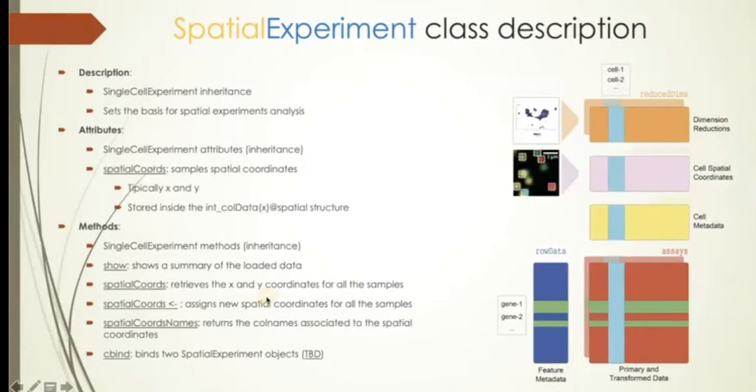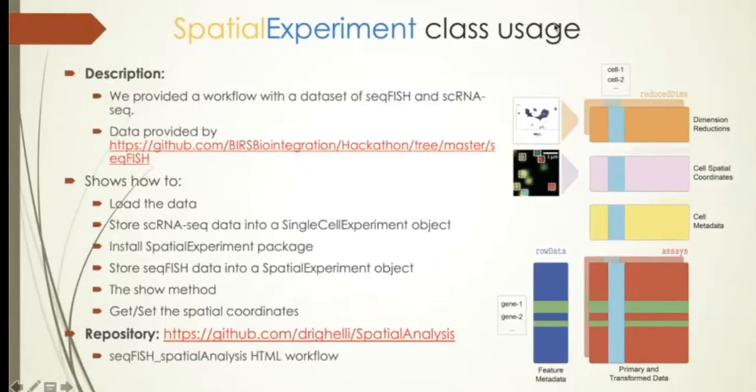In order to give an example of usage, we used a dataset of seqFISH and single-cell RNA-seq data provided during a hackathon for the BIRS biointegration workshop, and the usage is available in this other repository named Spatial Analysis.